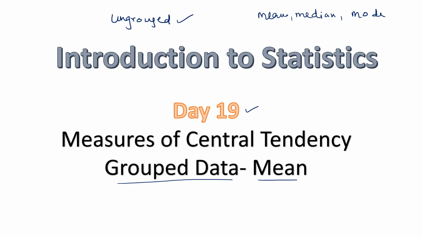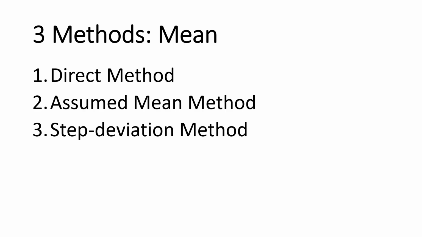Clear? So there are three methods: direct method, assumed mean, and step deviation method. These are the three methods for the mean for the grouped data. In the direct method, the formula we are going to use is sigma fi xi upon sigma fi.